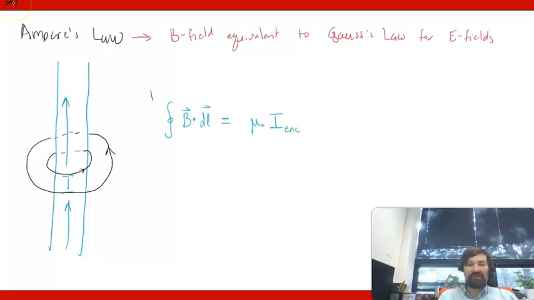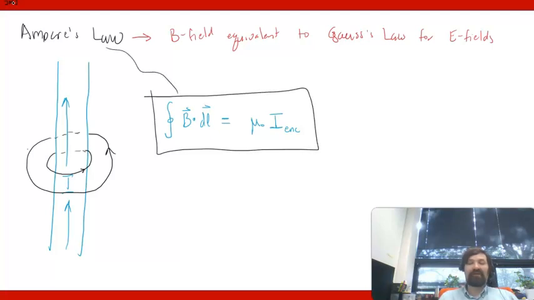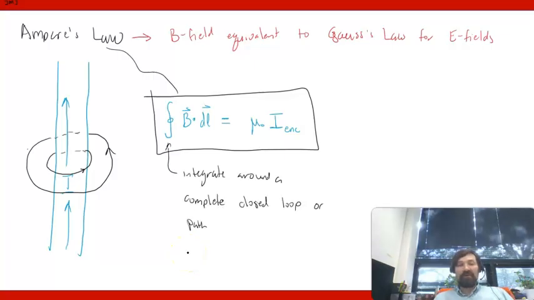This is Ampere's law in integral form, an integral around a complete closed loop or path. Sometimes these are referred to as Amperian loops, just as we had Gaussian surfaces.